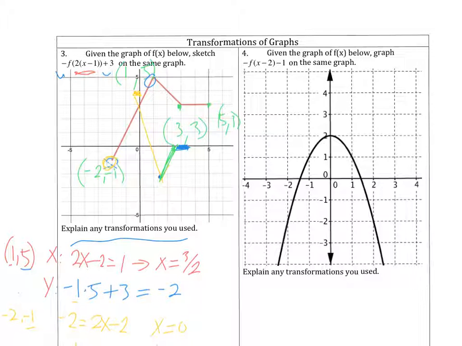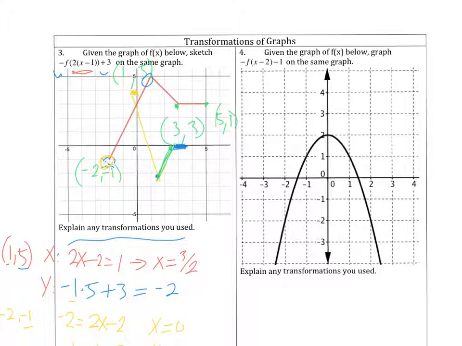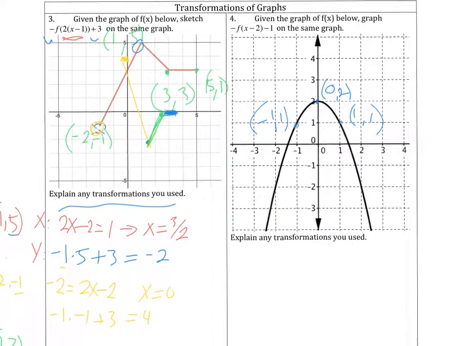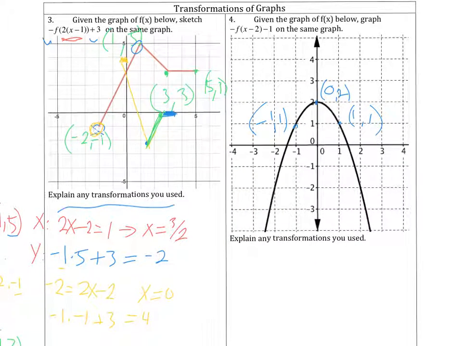Finally, we've got a similar setup here where we've got points at negative 1, 1, 1, 1, and 0, 2. My graph is going to have negative f of x minus 2 minus 1. I'm going to do this one using just the transformations. And the reason I'm going to do that is because we don't have any weird stretches on the inside.